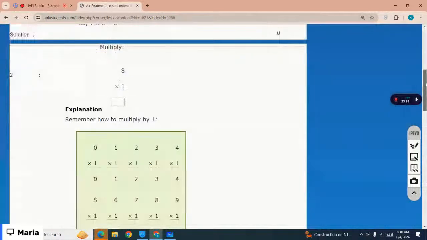Then 1 times 8, 1 times 8 is 8. 8 times 1 is 8.